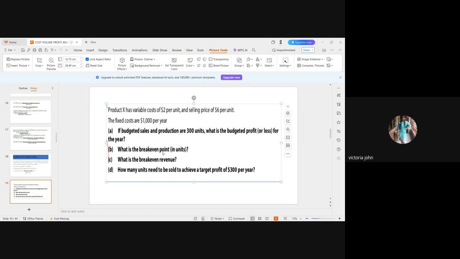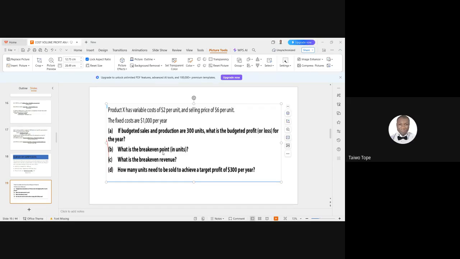So that's 3,000 multiplied by 6. That was 18,000. But the variable cost, 3,000 multiplied by $2, that's 6,000. We deduct that to get 12,000. And the fixed cost is given already as $1,000 per year, to give 11,000 budgeted profits.